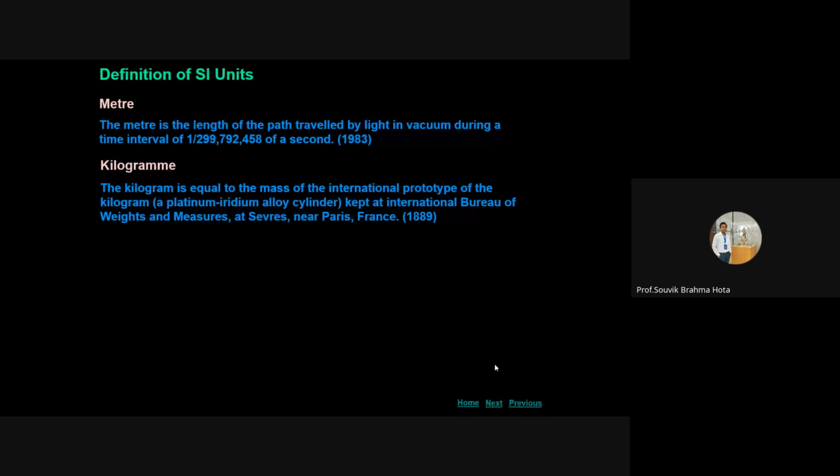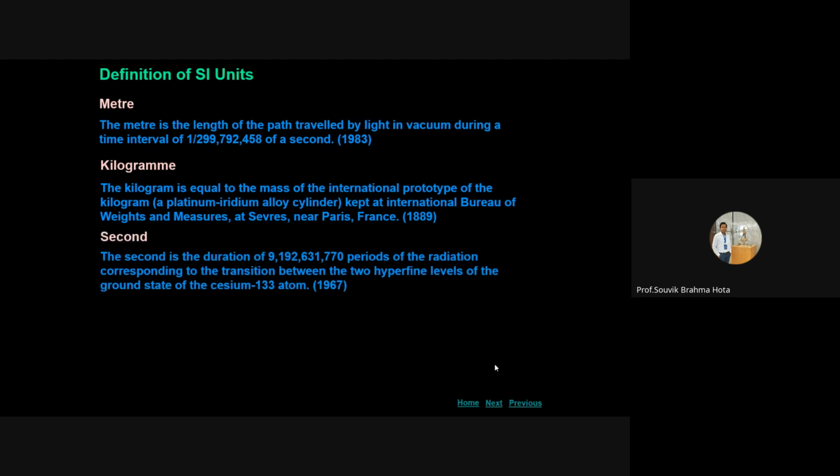Similarly, kilogram. The kilogram is equal to the mass of the international prototype of the kilogram. That is a platinum iridium alloy cylinder kept at the International Bureau of Weights and Measures at Sevres near Paris, France, 1889. Second, this definition also changed, in 1967.